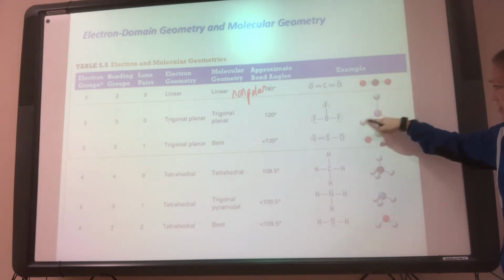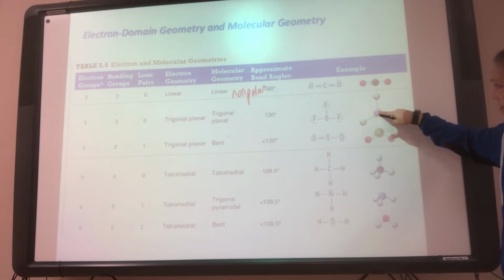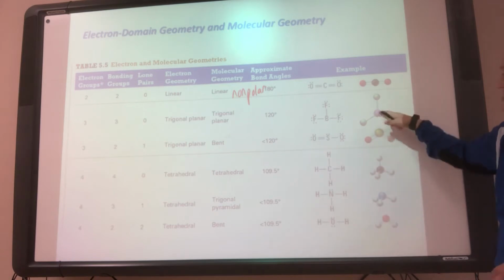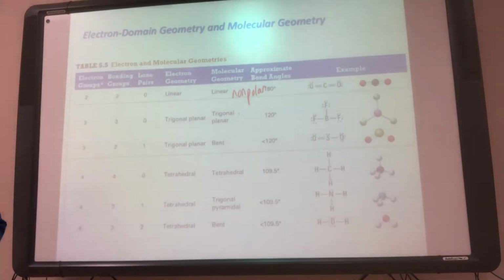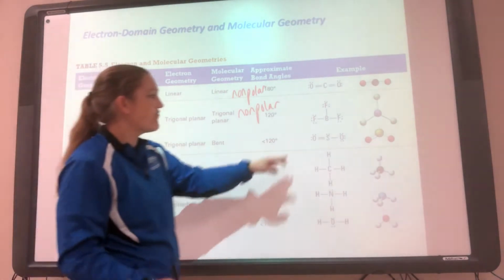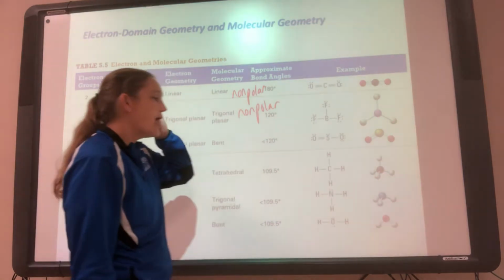So all three of them are kind of around the central atom, all pulling the same. So what happens is, because they're at angles, they all pull and nothing happens to the boron. He doesn't move. So if he doesn't move, this guy is going to be non-polar. The only way he becomes polar is if I change one of these three elements.